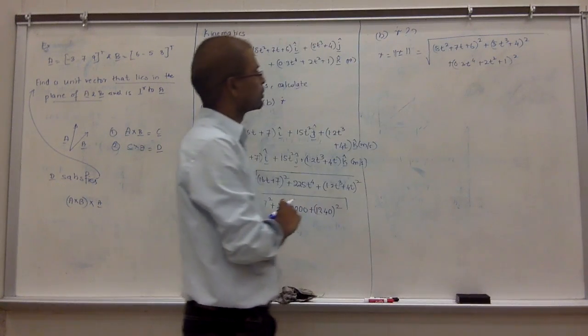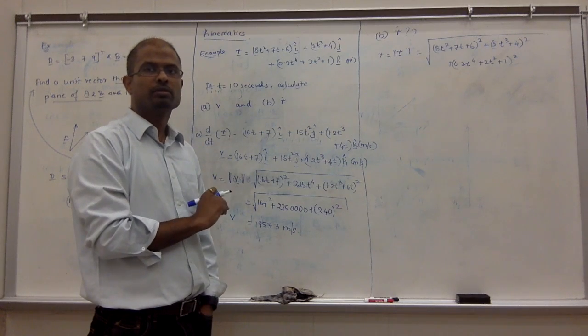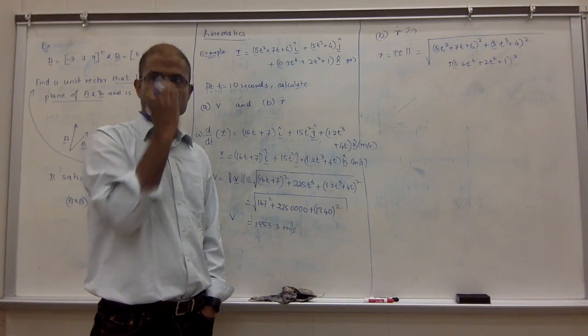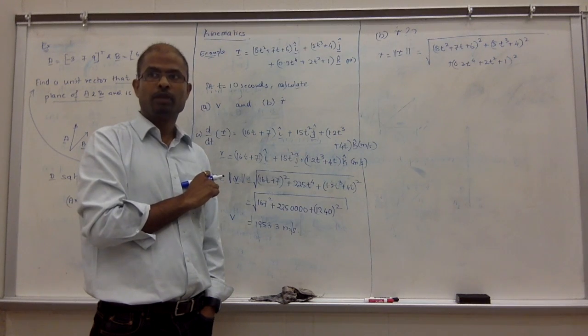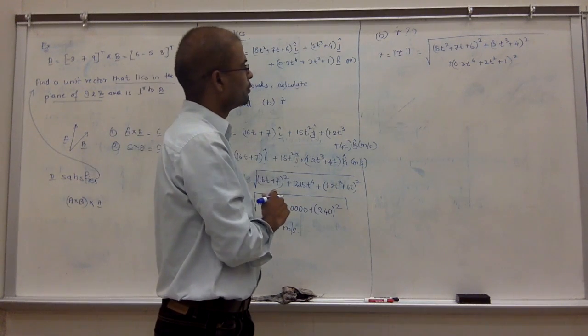Okay, so this is what you're going to get. Is this clear? I just squared all of this. Now, what is R dot?